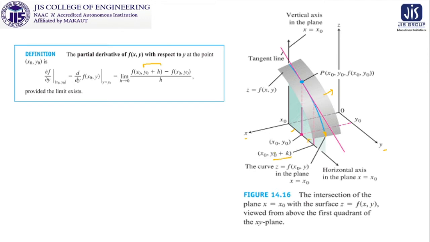That means this point (x0, y0 plus k) will tend to (x0, y0), and this directional change along this y-axis is the partial derivative of f(x,y) with respect to y. Now, how to calculate this is a very important thing, but before that, visualization is more important.